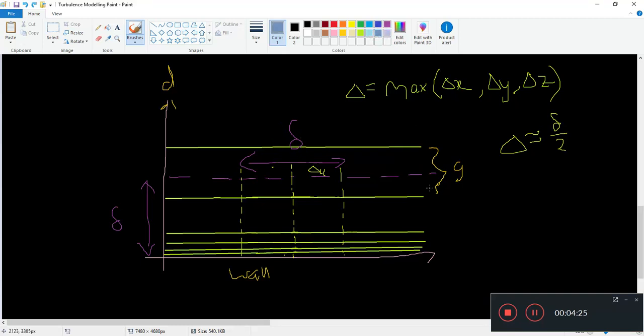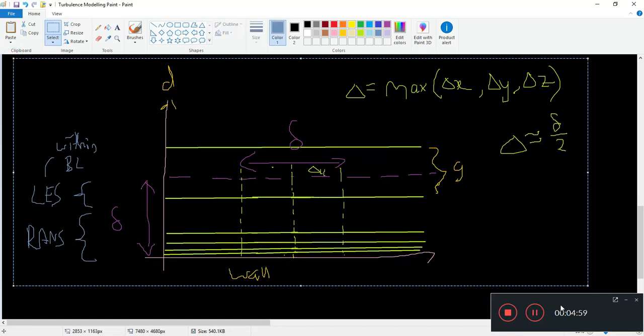Your scenario is this: over here, maybe in the first half of the boundary layer, or the first 2/3 of the boundary layer, you have your RANS formulation working out, which is fine. However, LES kind of kicks in a little bit early. So LES will kick in over here, within the boundary layer. And this is something you don't really want.